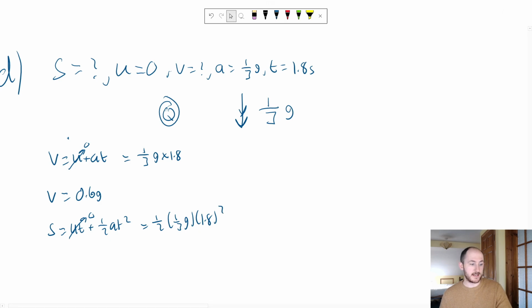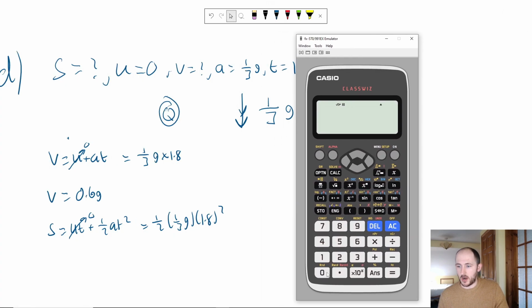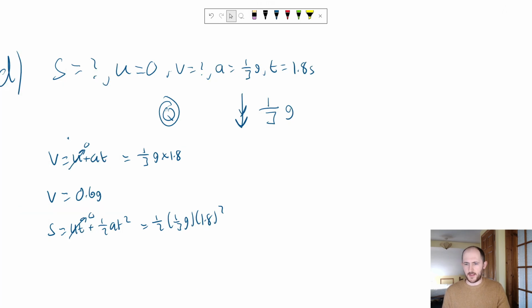So on my calculator I'm going to put in a half, so 0.5, times a third, times bracket 1.8 all squared, and it gives me 27 over 50. Is that all correct? It is. Okay, it's a bit of an ugly number, 27 over 50 g. Let's leave it as that. So 27 over 50 g for S.